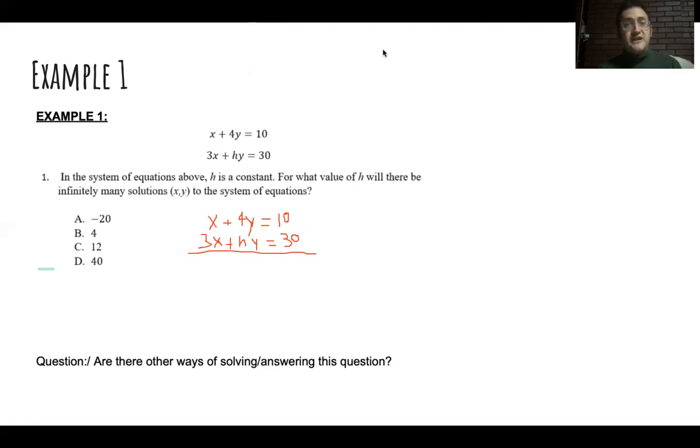And I think it's pretty obvious here that if we want to get rid of x, we just multiply by 3 and make it negative. So that way we are at negative 3x minus 12y equals negative 30.